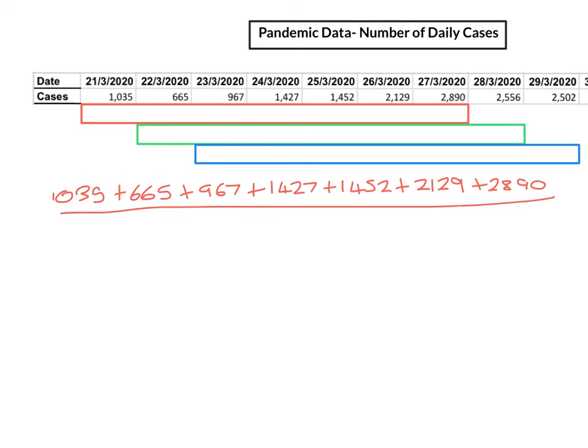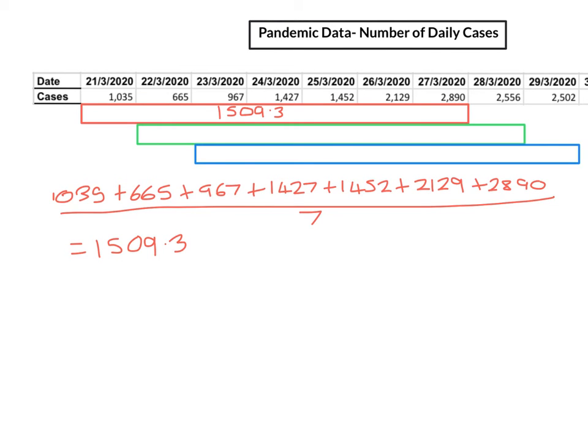And then we're going to divide by 7 because there's 7 numbers. And the answer for that, after putting it on my calculator, is 1509.3.